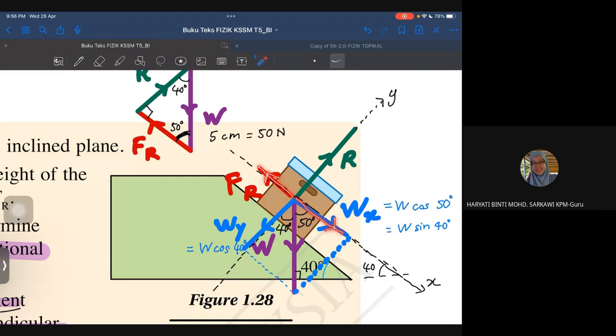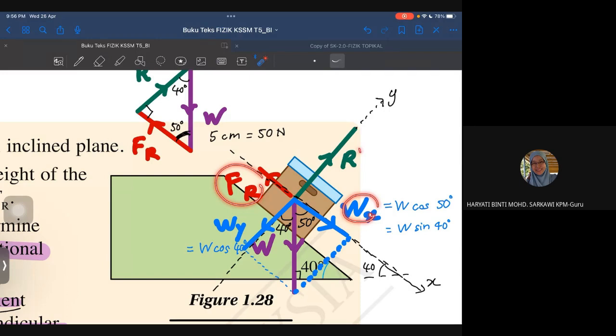They are parallel but in opposite direction, and the system is not moving, either moving at constant velocity or not moving. So FR equals WX. That is how you calculate FR using calculation.